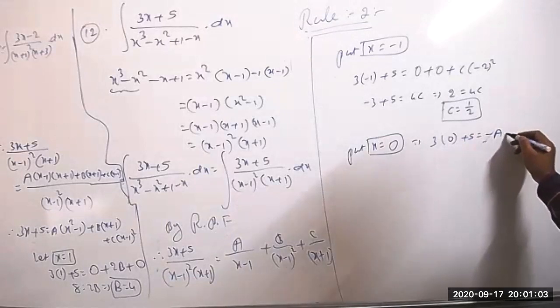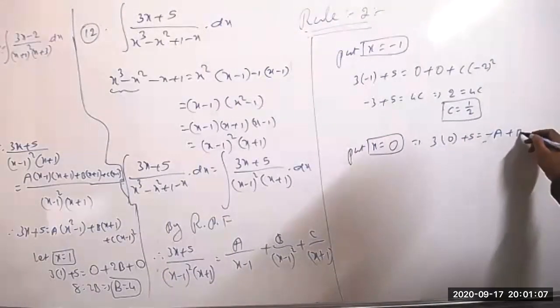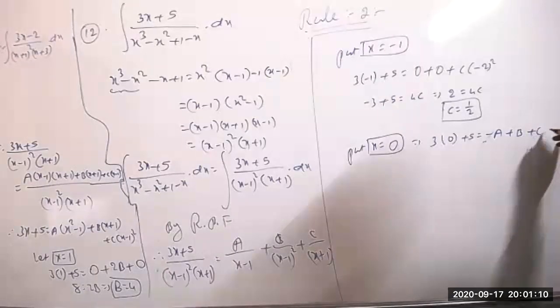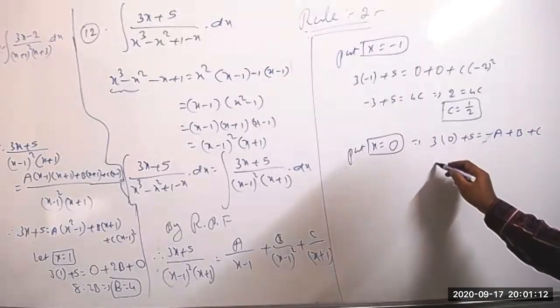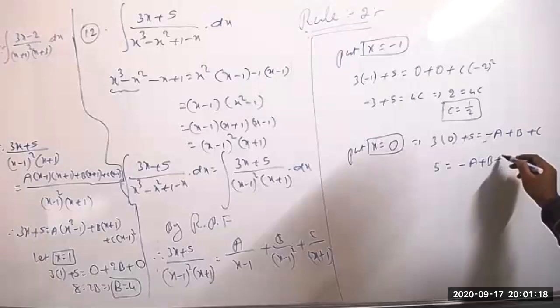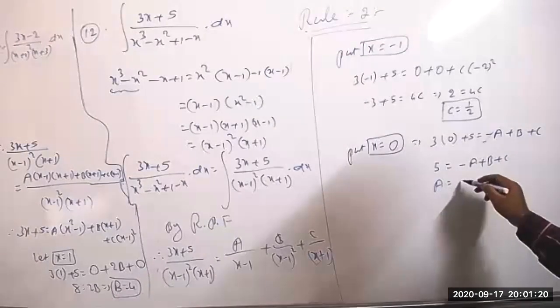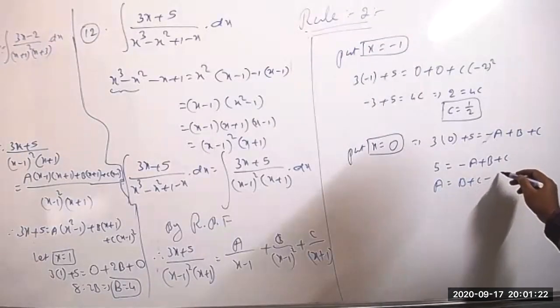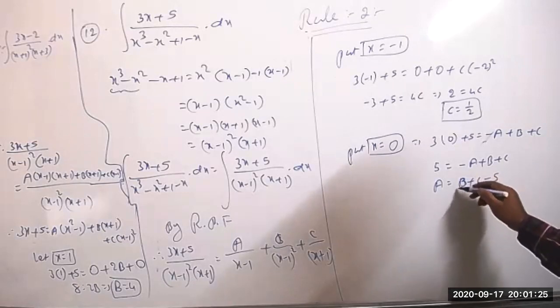So this is minus a plus b plus c. So 5 equal to minus a plus b plus c. So the value of a equal to b plus c minus 5.